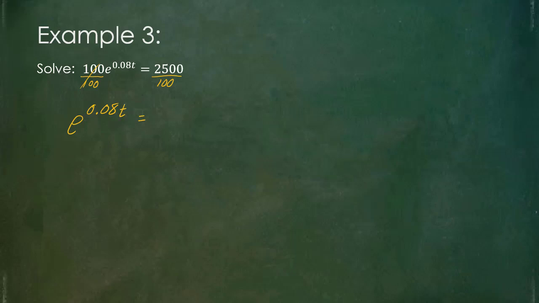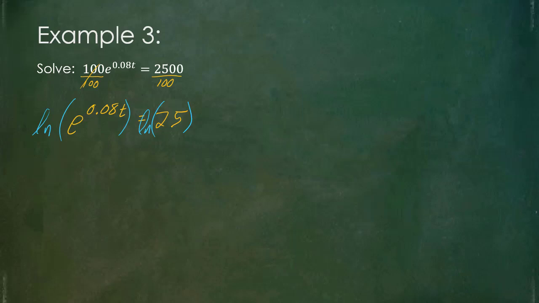0.08t equaling, and if I were to divide those, it looks like that would just equal 25. So I could at this point choose a logarithm to take of both sides, because I can't really rewrite 25 using a base of e. And the one that would make the most sense, because I can take advantage of inverses, is to just take a natural log of both sides.